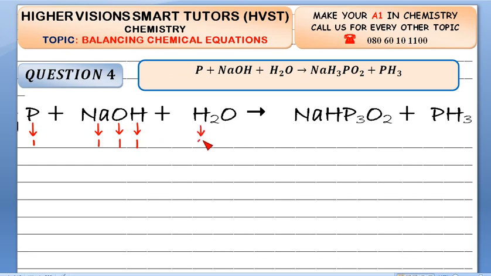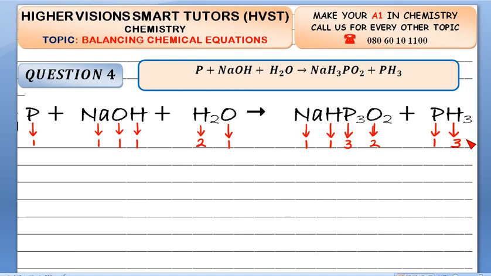These two hydrogen atoms, one oxygen atom, Na, one sodium atom, one hydrogen atom, P3, that is 3 phosphorus atoms, 2 oxygen atoms, P, phosphorus, that is 1 phosphorus atom, then H3, 3 hydrogen atoms.